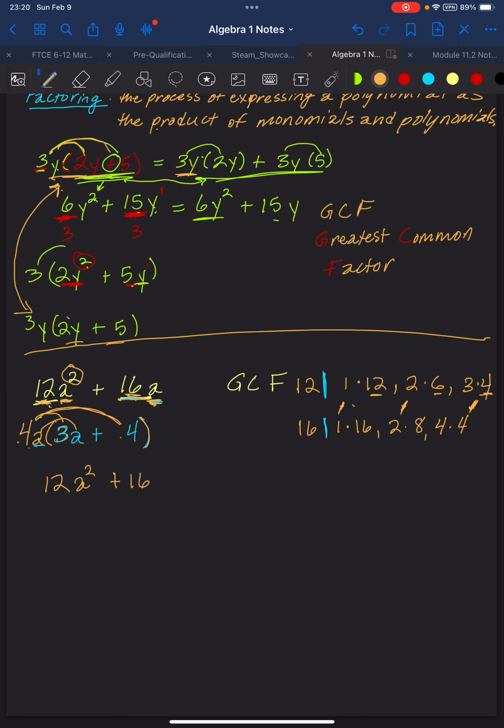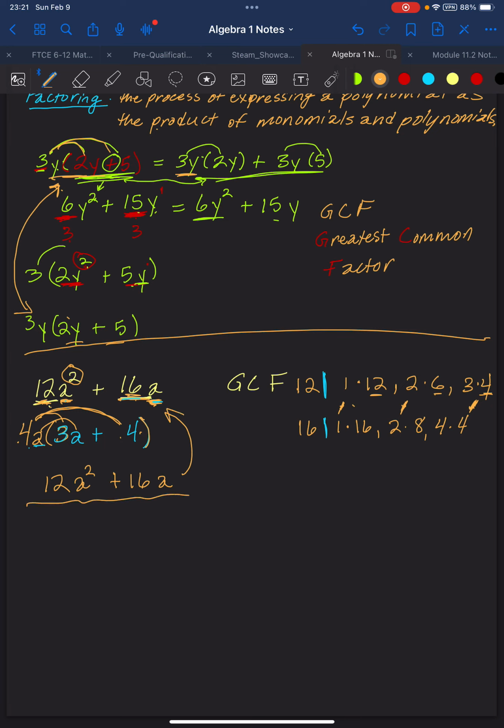And a times 4 just gives me my a, I attach that on. So we can do this all in one fell swoop. 4a times 4 would be 16a, because there's no variable here, it's empty, so we just tag on the a. And look, we got the same thing that we started with. So we know that we did it right.